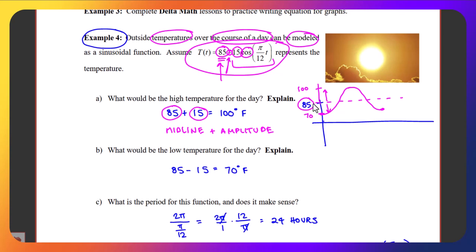The midline plus the amplitude, and the low temperature is going to be 85 minus 15, or 70, which is the midline minus the amplitude. You don't have to memorize this. I'm hoping it just makes sense. And amplitude's with a P, isn't it?